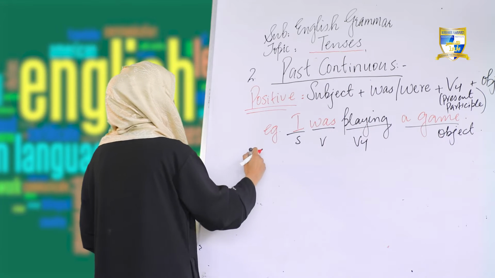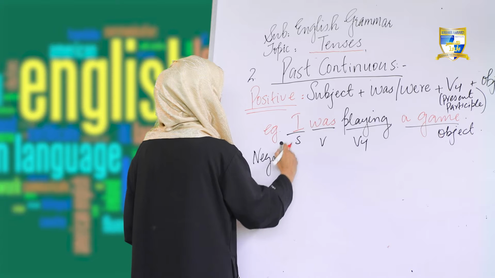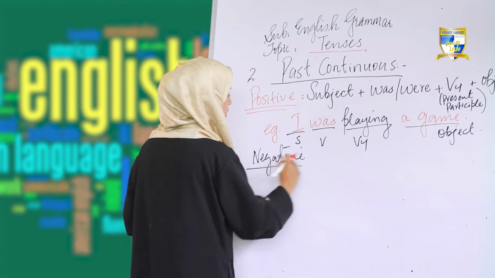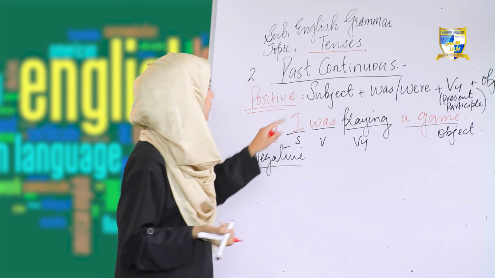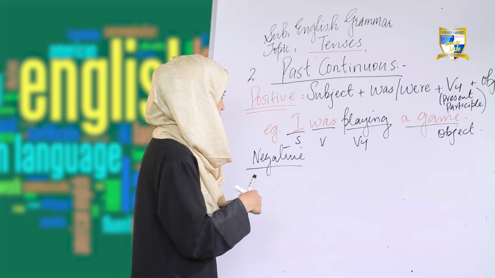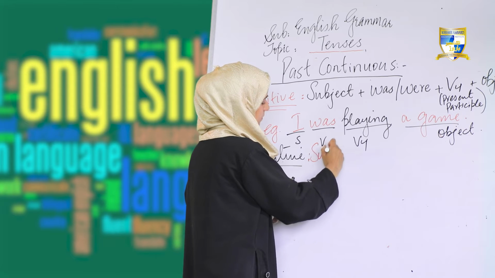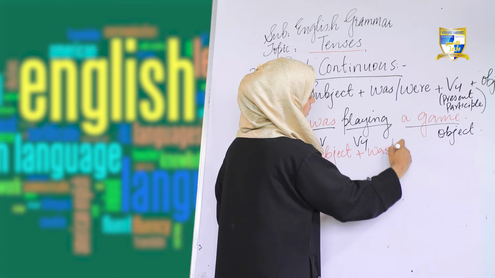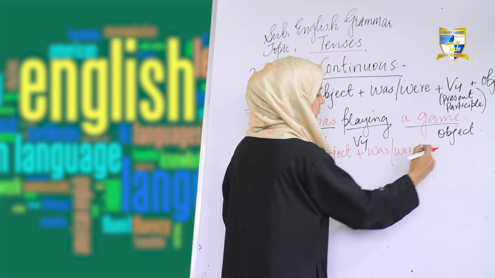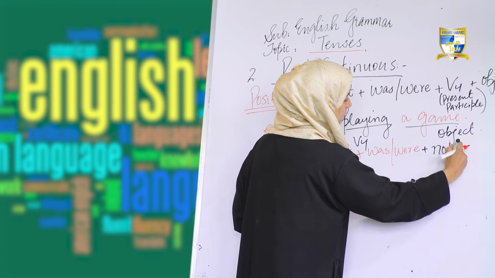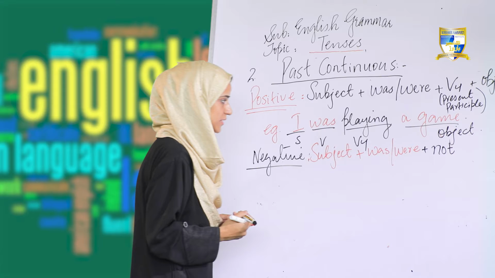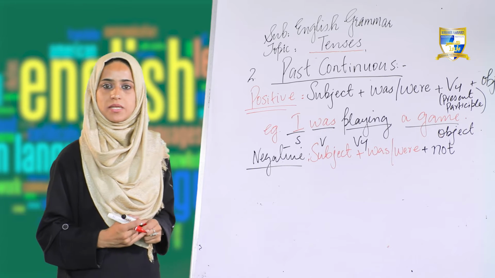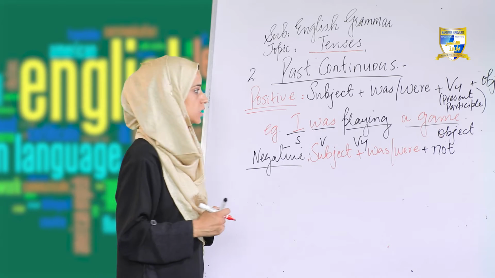Now let's make the negative of the same. A negative sentence with the form past continuous: subject plus was or were plus the mark of negation not, as I have taught you in the previous classes that whenever you have any negative sentence we use not.